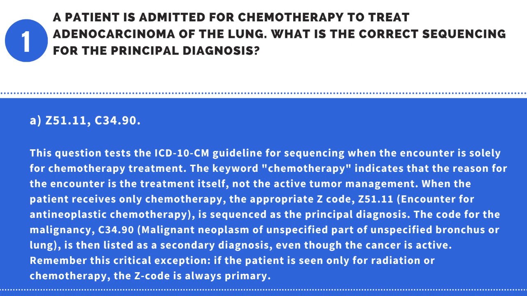The code for the malignancy, C34.90, malignant neoplasm of unspecified part of unspecified bronchus or lung, is then listed as a secondary diagnosis, even though the cancer is active. Remember this critical exception. If the patient is seen only for radiation or chemotherapy, the Z code is always primary.